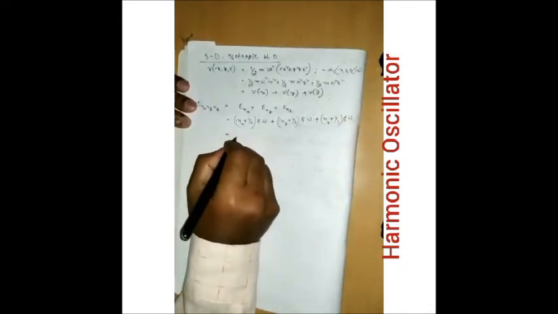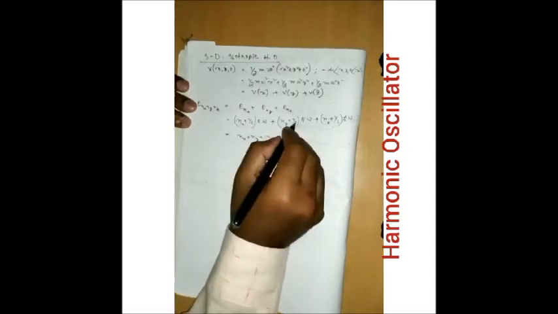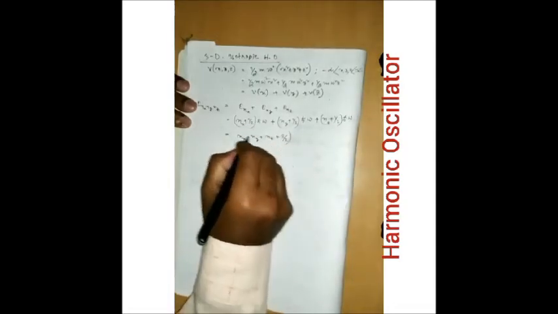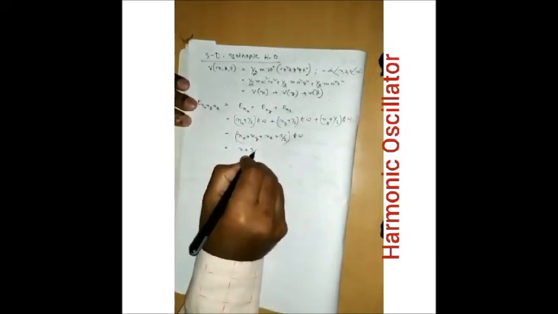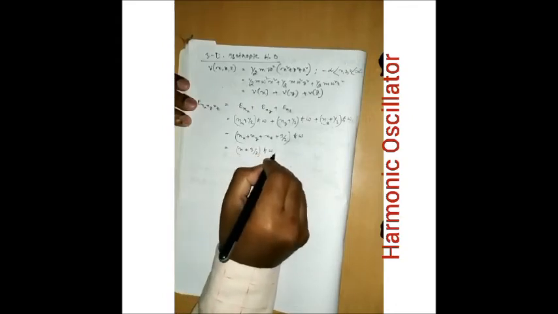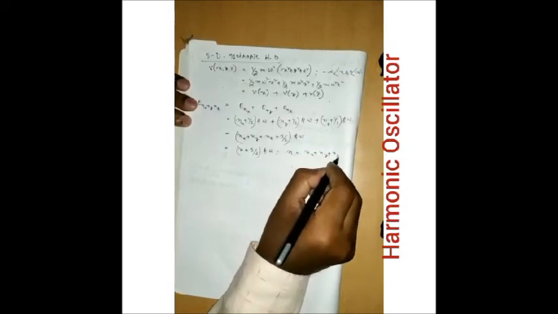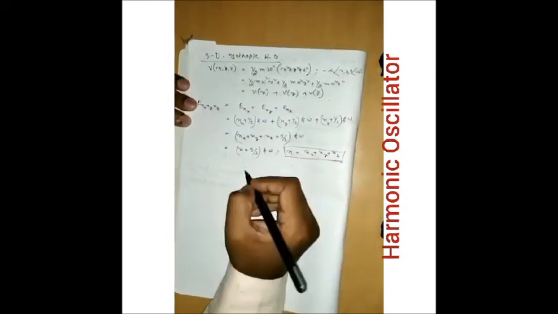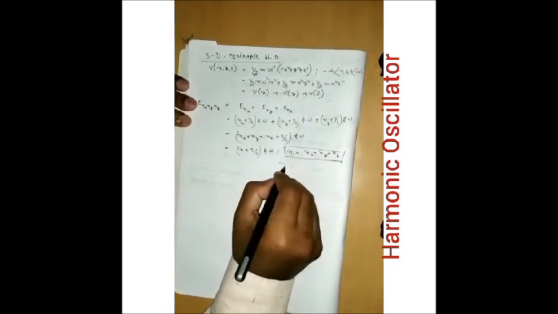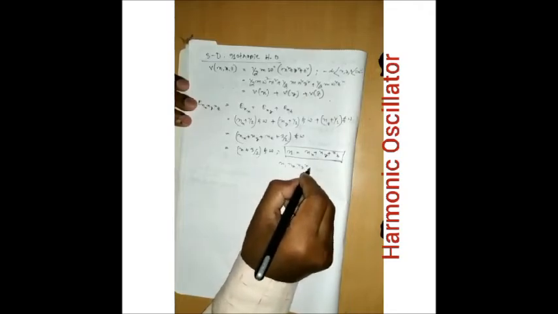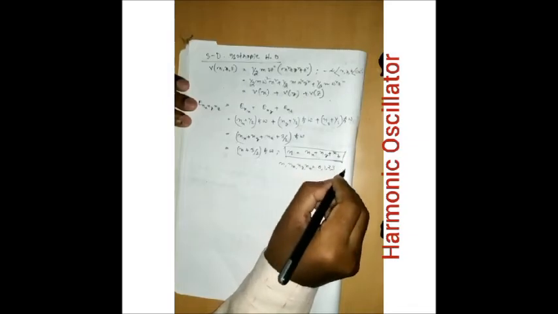So if I further simplify it, it will be nx plus ny plus nz, and half plus half plus half is 3 by 2, and that is h-bar omega, or further (n plus 3 upon 2) h-bar omega, where your n is equal to nx plus ny plus nz. So this is an important relation where all the values n, nx, ny, nz will start from 0, 1, 2, 3, dot dot dot.